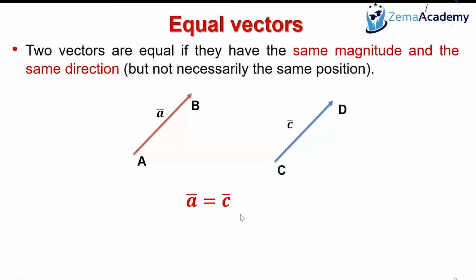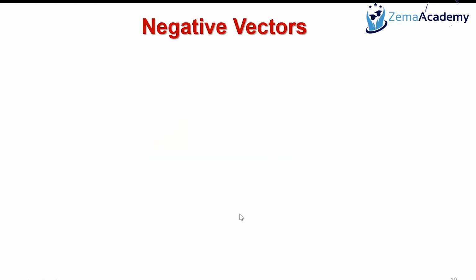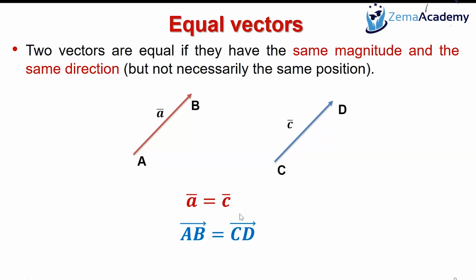Now, another thing that you should be familiar with is equal vectors. What do I mean by equal vectors? Two or more vectors are equal if they have the same magnitude and the same direction. For example, you can see on your screen that I have given you an example of vector AB with its magnitude.